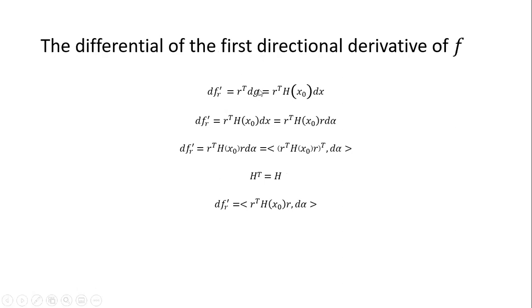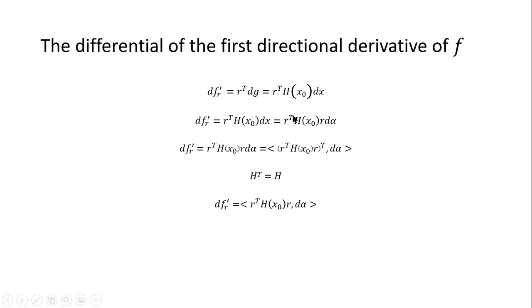But we calculated earlier that dg equals Hx0 dx. And we know that dx is actually equal to r d alpha. So we can see this expression is going to take dx and transform it to r d alpha.